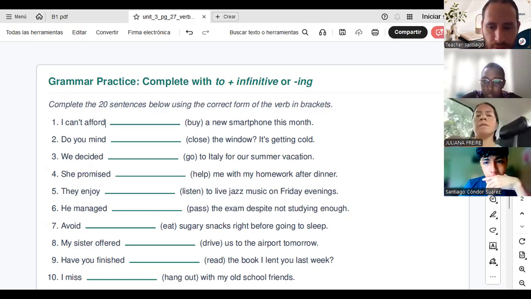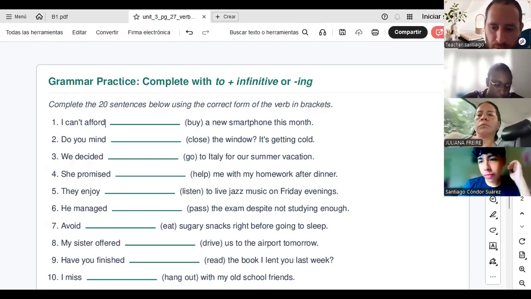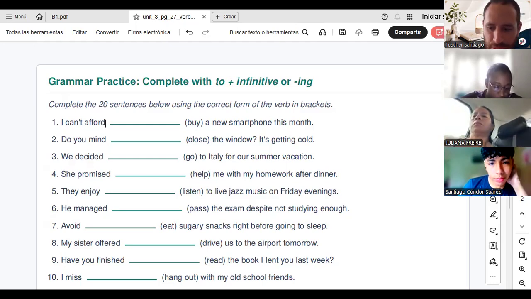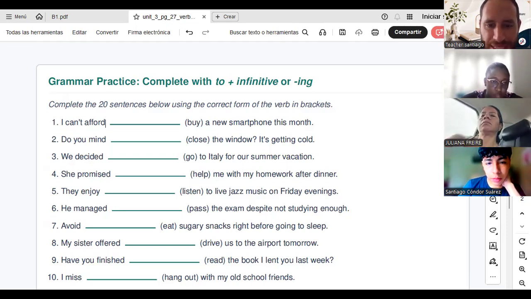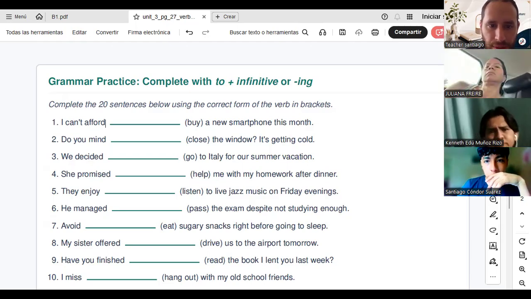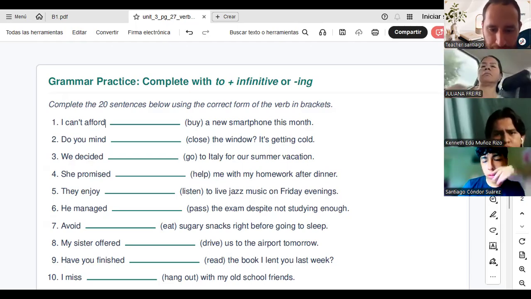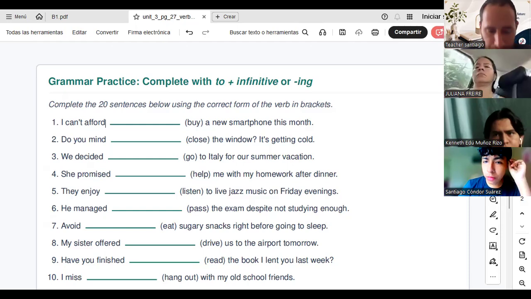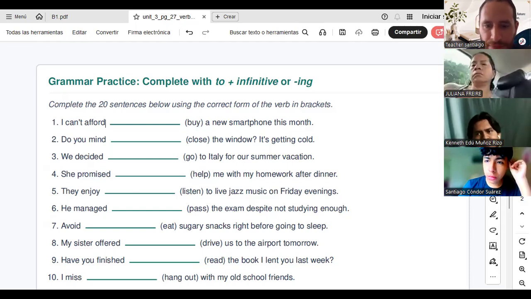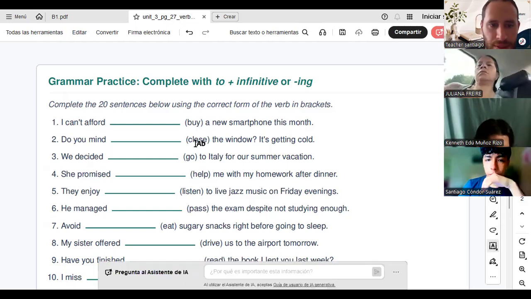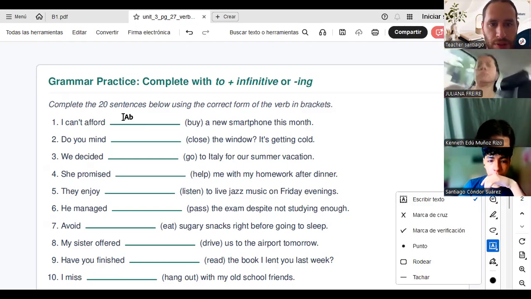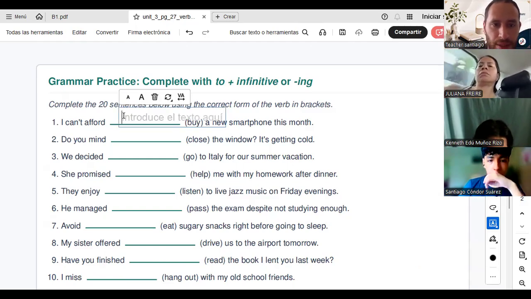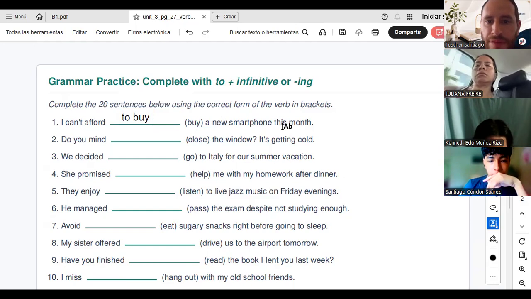You're welcome. I don't know, teacher. You can look at the document. Okay, see what the document says. Afford to. Infinitive. Thank you, Santi. Infinitive. So I can afford to buy, right? To buy a new smartphone this month.